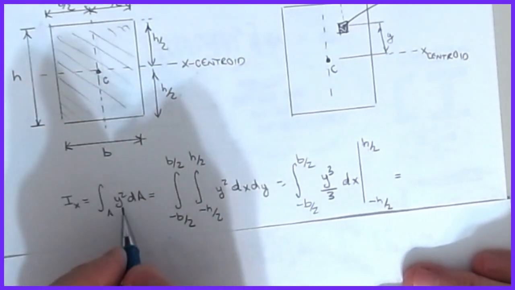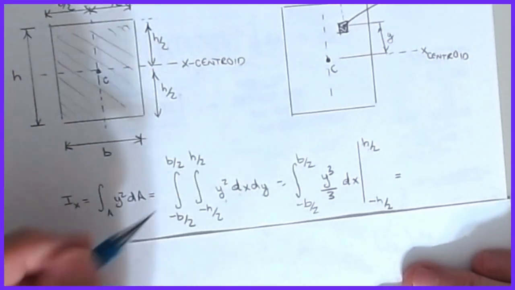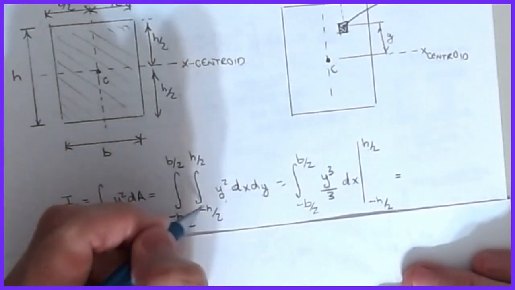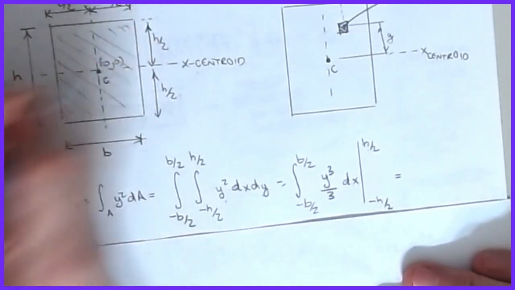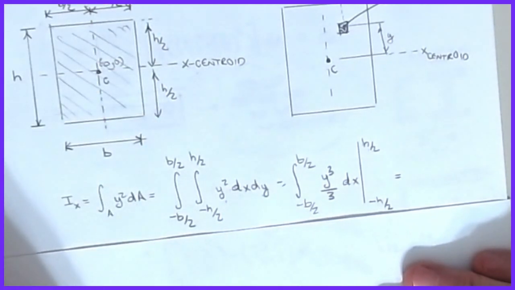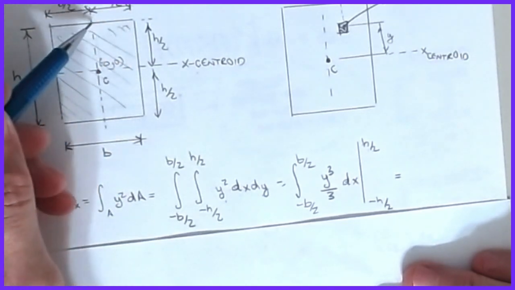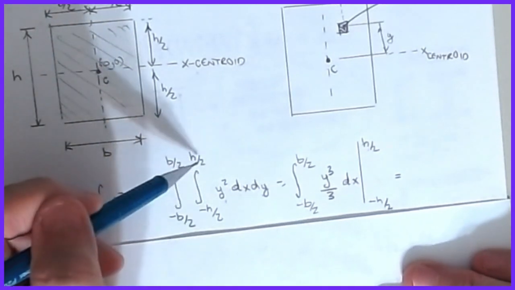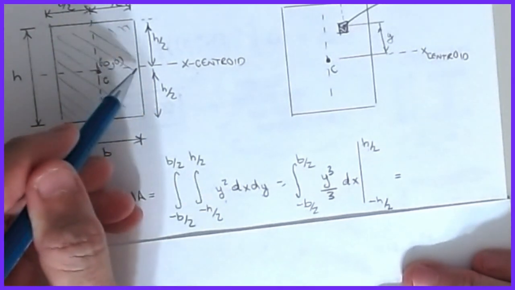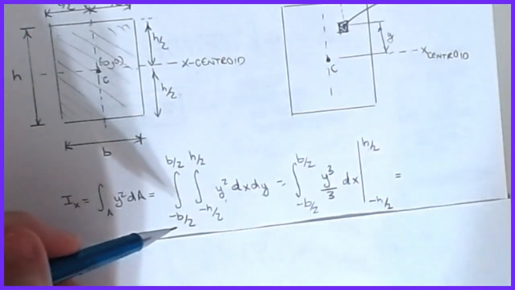So I'm going to make a transformation, say dA is now equal to dx dy, put my y squared on here, and then I'm going to integrate from h/2 to minus h/2, because again, what I've done is I have set this guy as 0, 0, the center, and that's where my origin is acting. So the y integral goes from positive h/2 to negative h/2, and that's important, so that's where my limits are here, and then it goes from positive b/2 to negative b/2 as my bounds in the other direction.